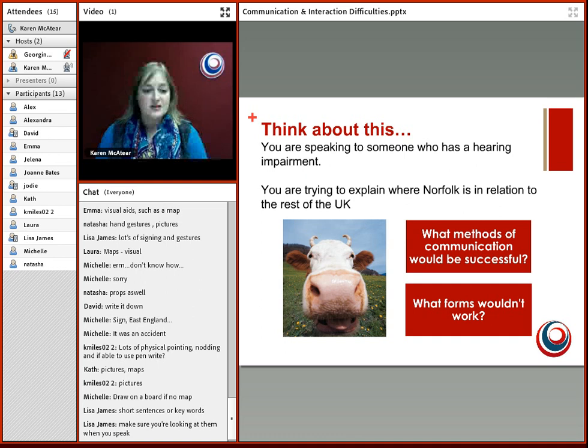But the key is, as most of you have said, it's going to be visual, not oral, not related to speech. It's going to be pictorial, and the more pictorial you can make it, the more successful you'll be in communicating to this child. It might be that you show pictures of the various specific things relating to Norfolk, and that might assist them as well. But again, visual. The key is visual. Keep it visual.